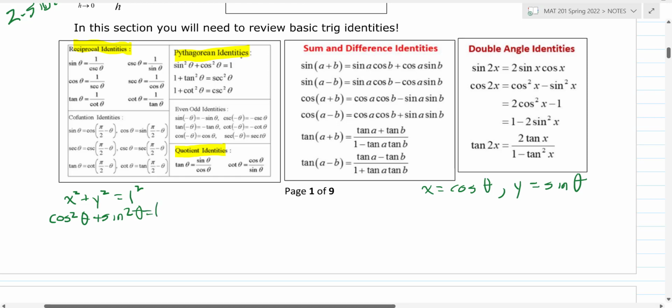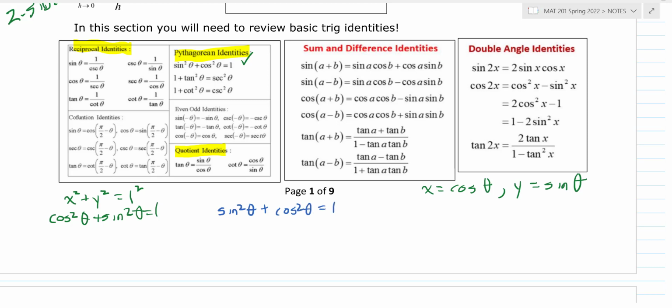Now, what I want to show you is how these other two come from. You can do pretty simple derivations. I do this all the time when I forget this. So let me write this identity like this then. Let's start with sine squared theta plus cosine squared theta is equal to 1. And what I'm going to do is divide each term by cosine squared theta.